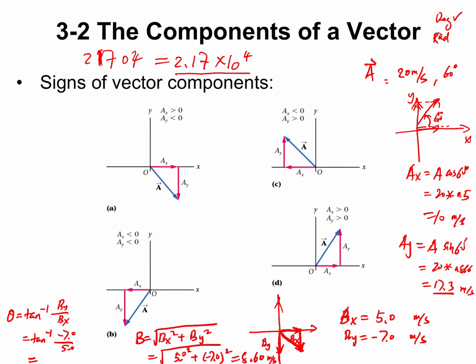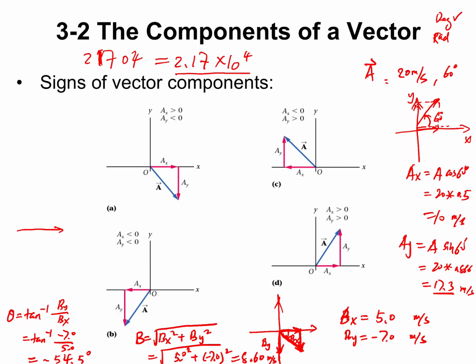In your calculator you have the inverse tangent function, right? So in my calculator it is negative 54.5 degrees. Okay, so you can tell this angle, right? This angle is negative 54.5.